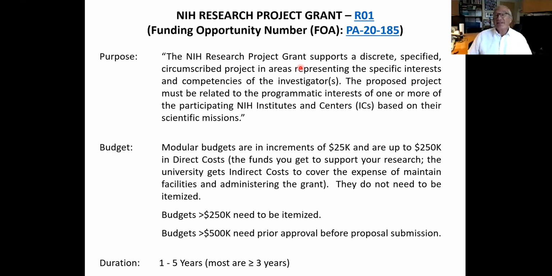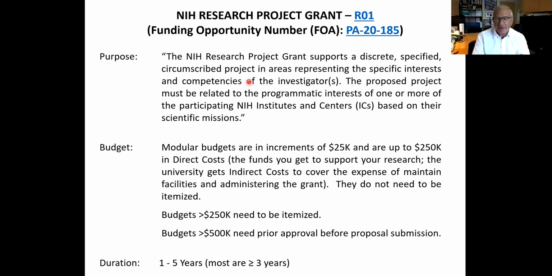And it has to be related to the programmatic mission of the institute that would be funding the grant. And you can find out more about the mission and strategic plans of institutes by going on to their webpage. You may have to click a few buttons, but you can find this information.